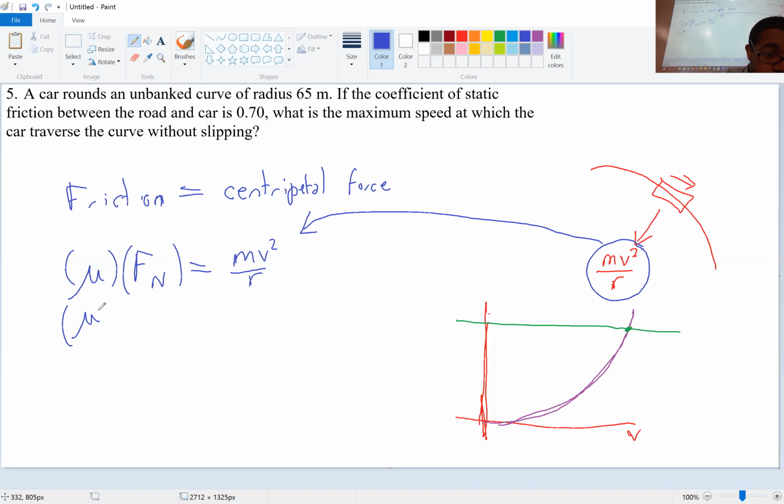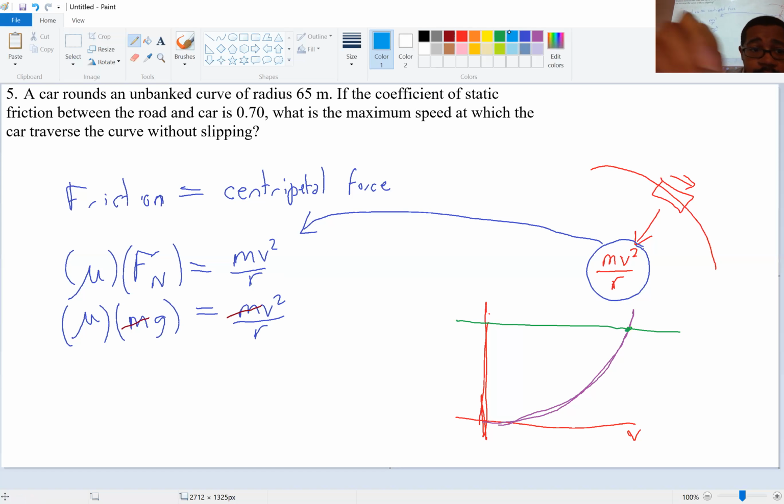All right, so we got mu here. And the normal force is the car's mass times gravity. In this case, conveniently, mass is going to cancel out, which is good because we don't have it here. Mass times velocity squared over r. Let's go ahead and cancel this out, cancel this out.